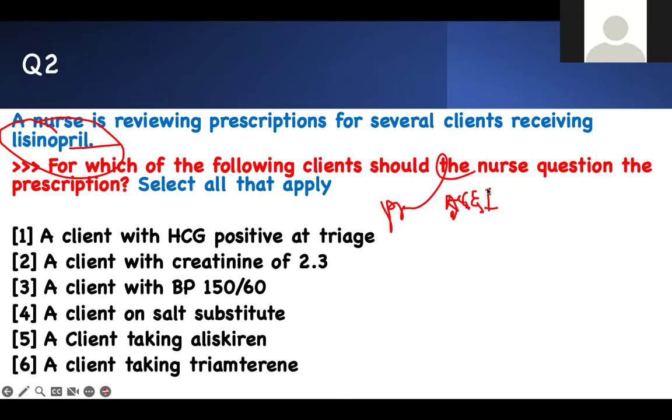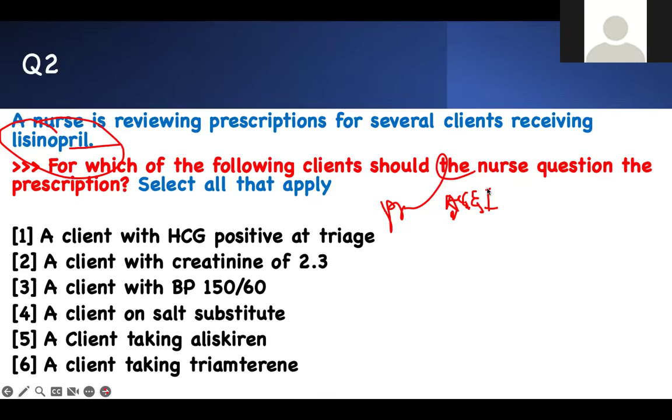So ACEI, which is the ACE inhibitor, are the side effects. How do they do their thing? Through the renin-angiotensin system, they end up increasing your potassium and therefore decreasing your sodium. This is how they control your blood pressure, the renin-angiotensin system. In the process, the side effects come through the mechanism of the renin-angiotensin system.